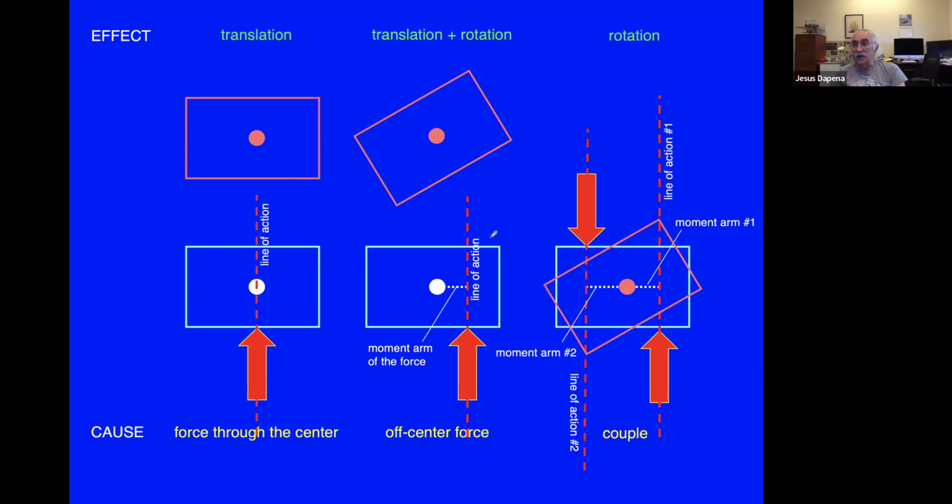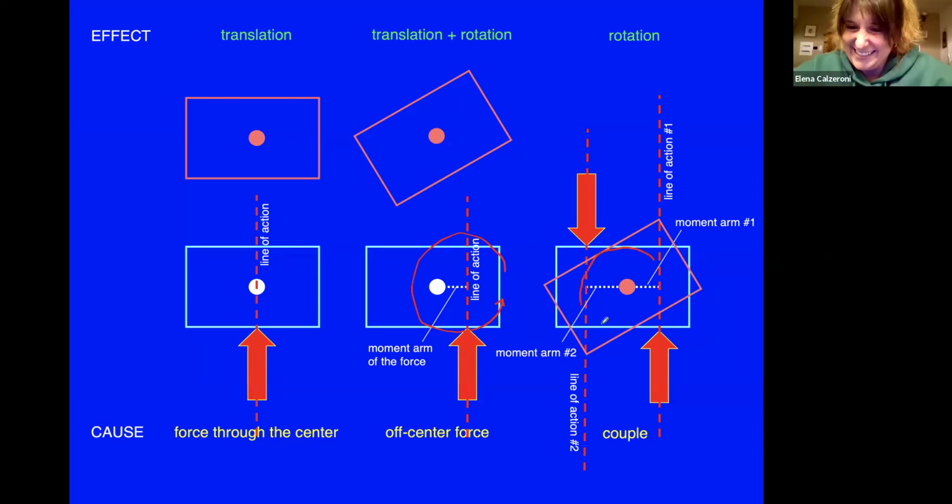The result here is a pure rotation. So with a force through the center, there's no rotation. An off-center force produces counterclockwise rotation in this example, and a translation. And in this other case, we have a pure rotation.